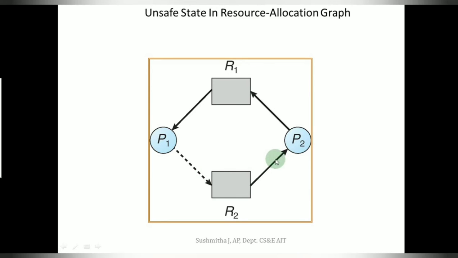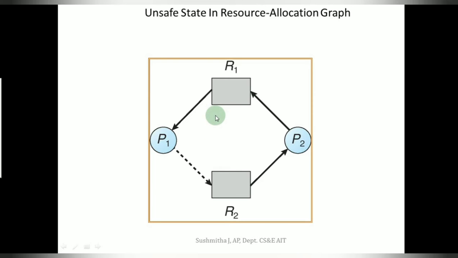Process P2 is holding R2 and requesting R1. So whenever we grant a request, we make sure that it is not leading to deadlock. So we ensure there is no cycle in the graph.